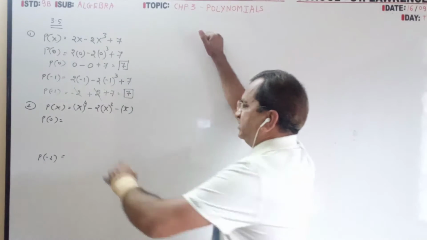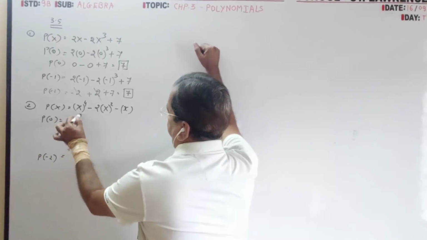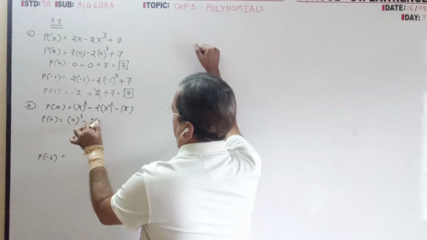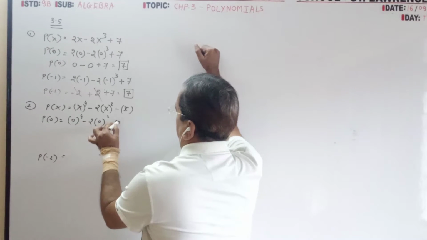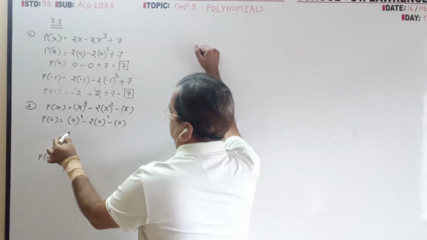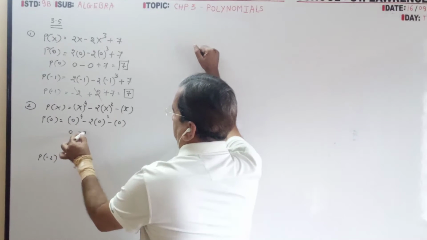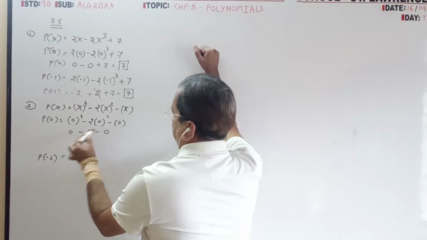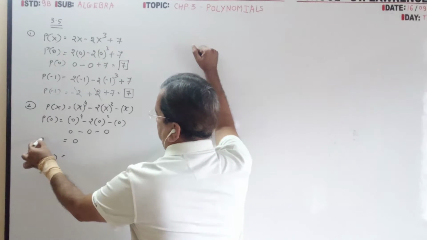With respect to x, we have to substitute 0. So this will be 0, this will be 0, this will be 0. Overall answer is 0.